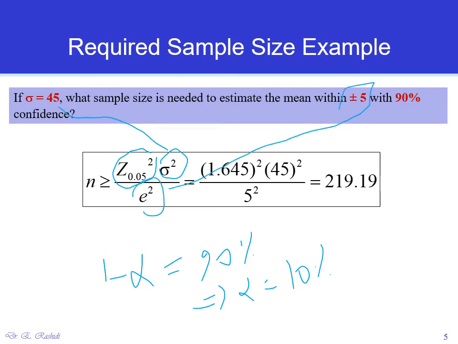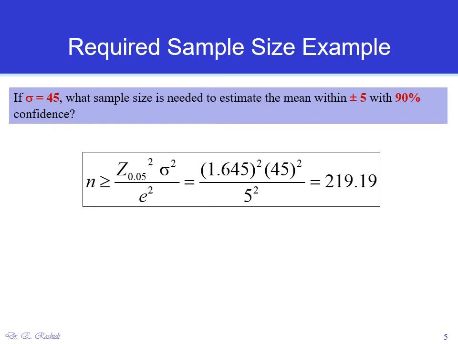And that ends up being 219.90. Because we are looking for the sample size, it should be a whole number. It cannot be a decimal. And because n should be greater than that value, we always have to round up to the next integer value. So our value would be the next integer, which is 220.